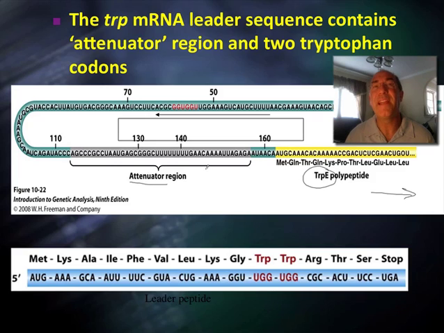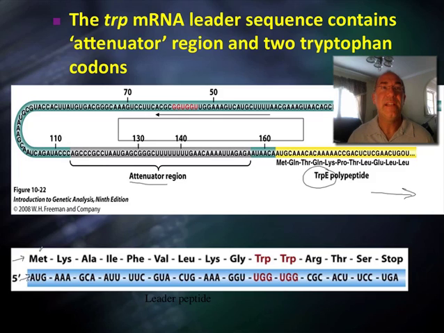Attenuation just means it's a bit like a volume control. You can turn things up and turn things down. So this region here changes the level of expression of all these genes downstream, the EDCBA genes. So this attenuator region has in it this particular sequence. And here's the RNA sequence across the bottom, and that translates into an amino acid sequence across the top here.